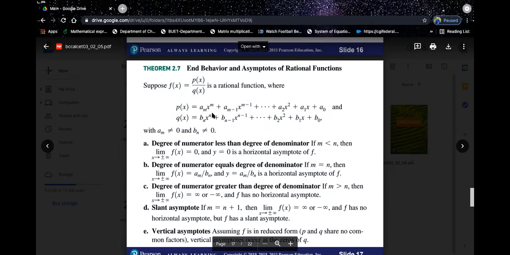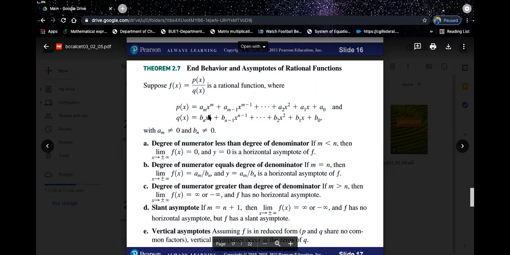So if the degree of the numerator is less than the degree of the denominator, then we have a horizontal asymptote, and the asymptote is y equals 0.